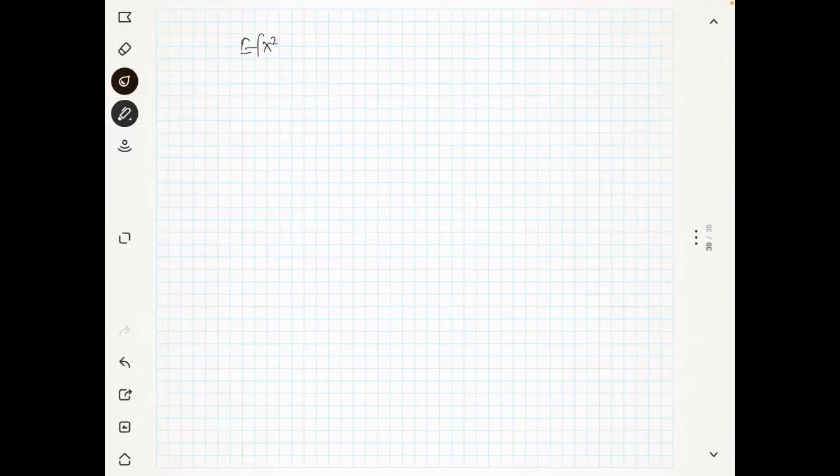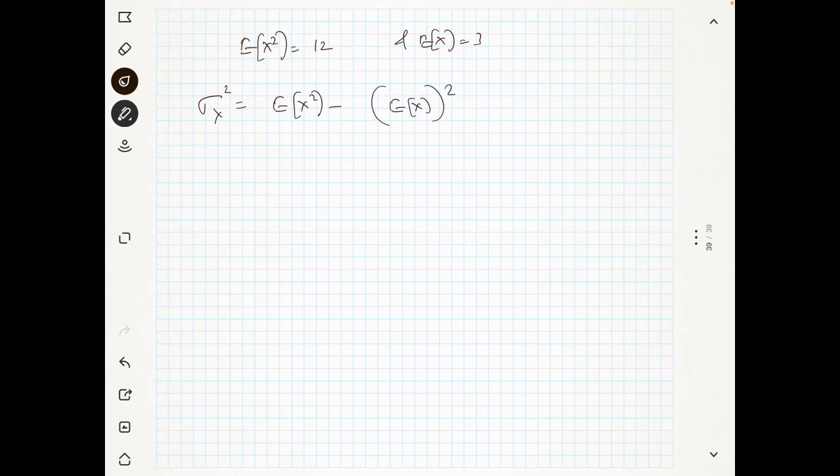Okay, so you got expected value of x square as 12 and expected value of x as 3. So the variance is nothing but expected value of x square minus expected value of x the whole square, right? It is nothing but 12 minus 3 square.